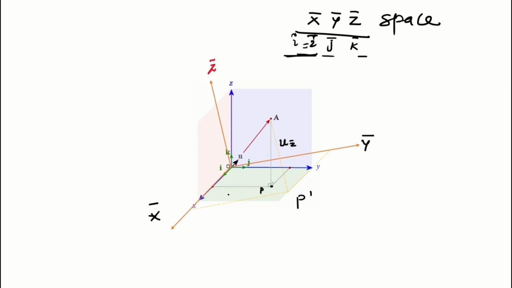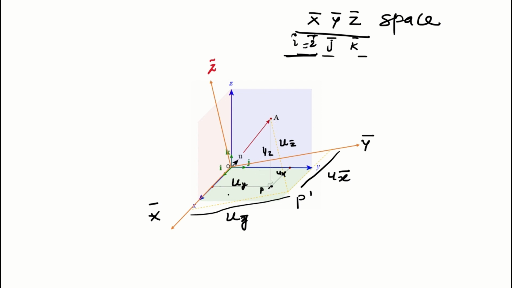So this length will give you the component u y bar, and this length will give you u x bar. The previous one was uy and ux, from P to this red dot, and this height is uz.